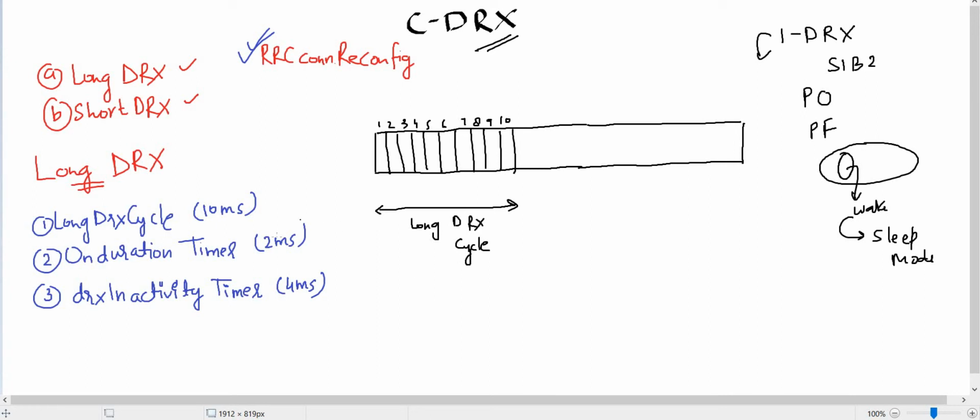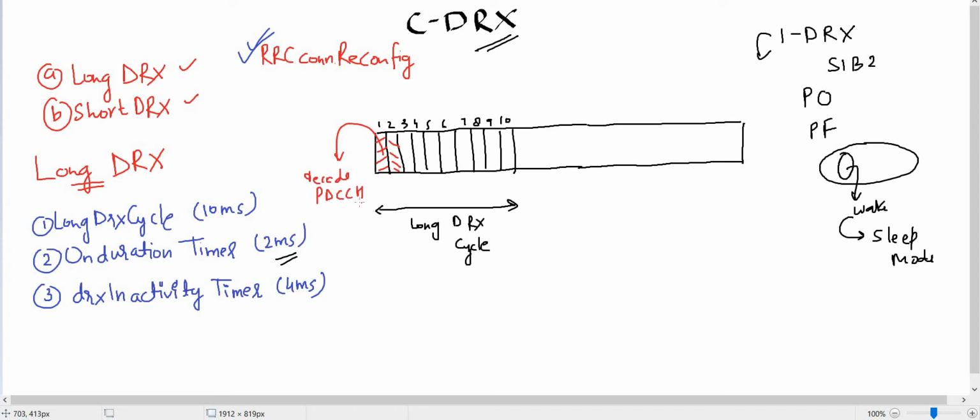In that long DRX cycle, the on duration timer is 2 millisecond. So my UE will be on in these two subframes. On means the UE is going to decode PDCCH in these two subframes only.